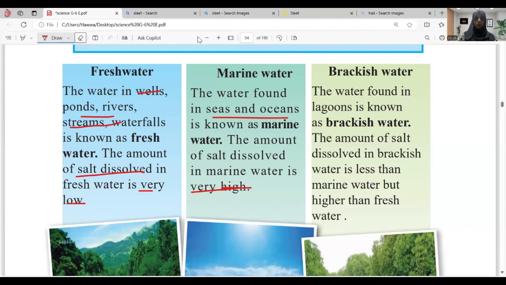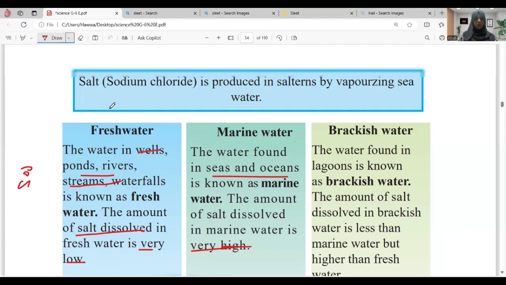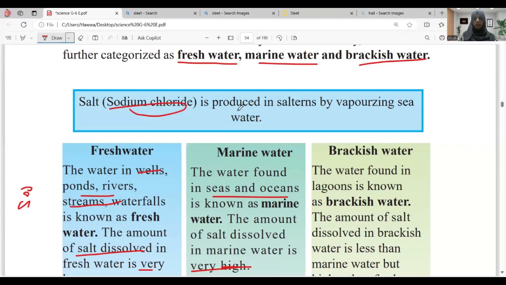This normal salt we use, scientifically the component is sodium chloride. Sodium chloride is produced in a Salton, the place where salt is produced.